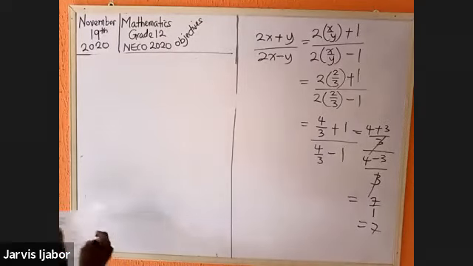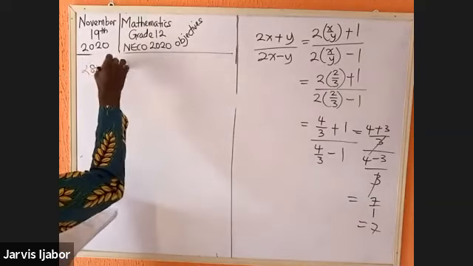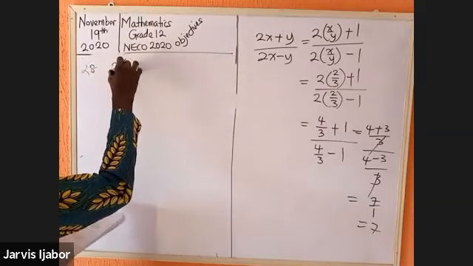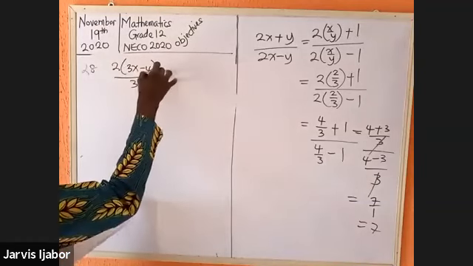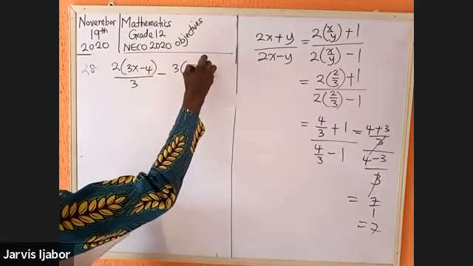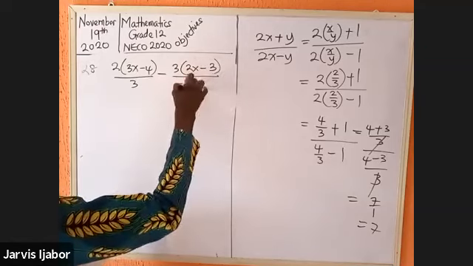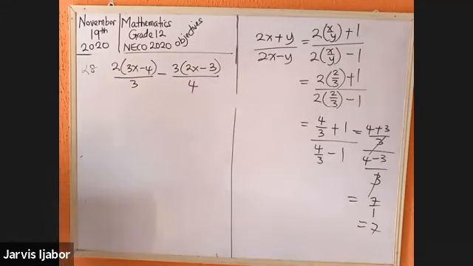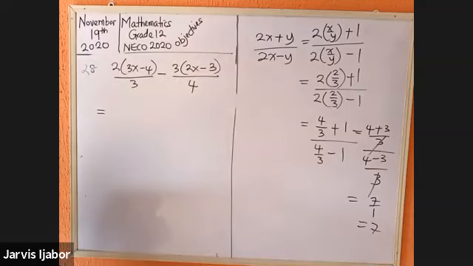Let's look at 28. In 28, you have 2 into 3x minus 4 over 3 minus 3 into 2x minus 3 over 4. What do you do in this setup? You can choose to expand these first.